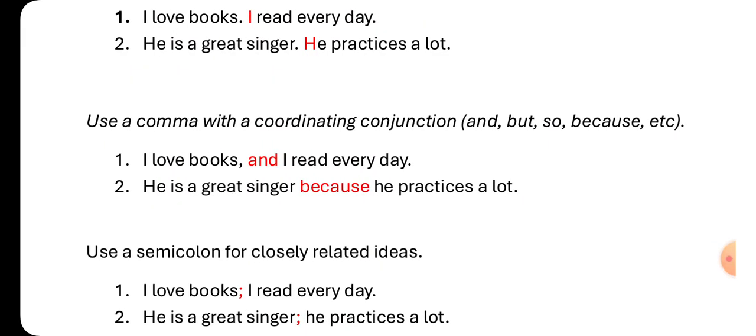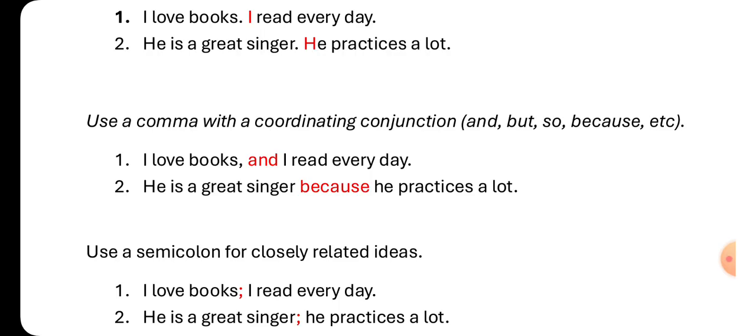So use a comma with a coordinating conjunction. When they say coordinating conjunctions, they are words like and, so, because, and these are all conjunctions. So you use a conjunction to join them together to make a complete sentence. You can say, "I love books, and I read every day."